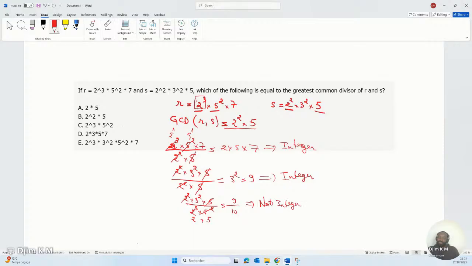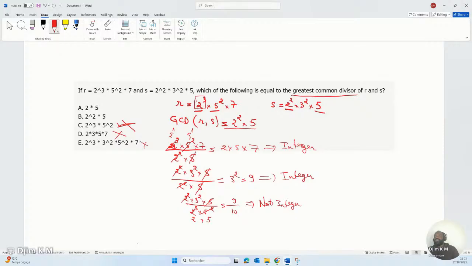And also we can notice the fact that it says the greatest in our answer choices. So we are sure that this can't be the answer, because 7 is not part of S here.